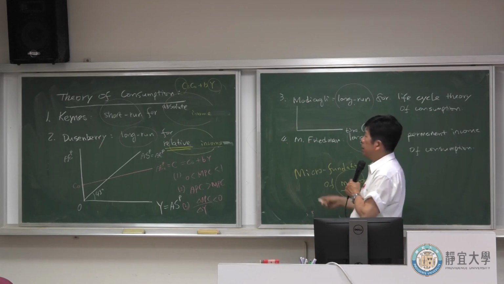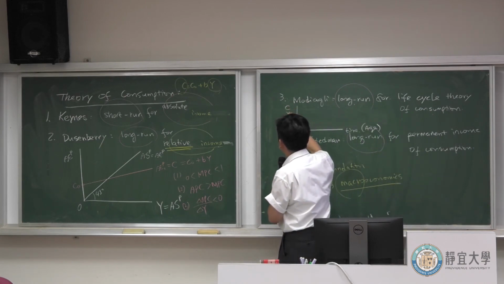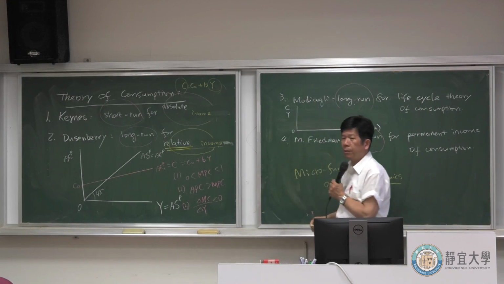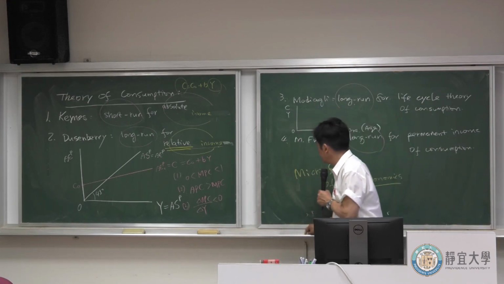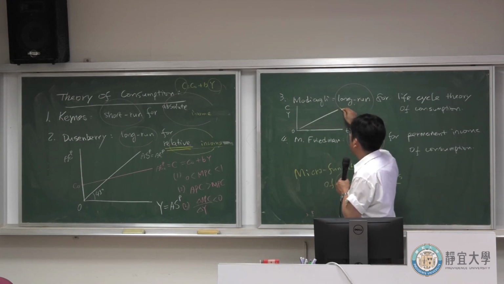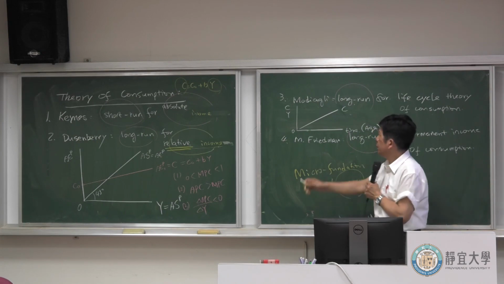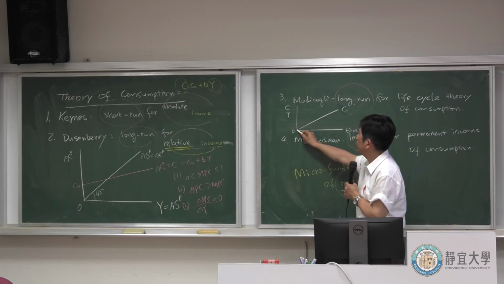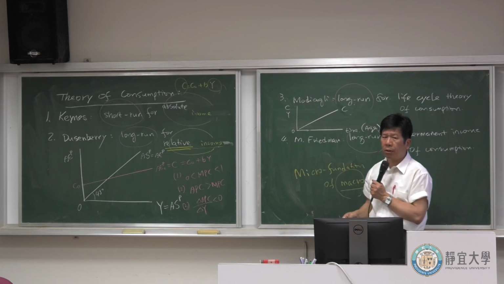And here is the consumption and your income. For example, this represents your consumption from 0, for the long run.